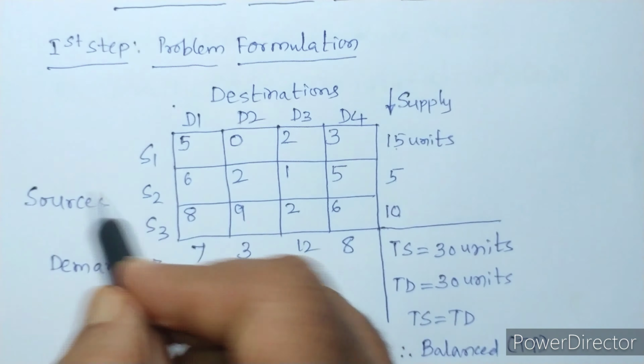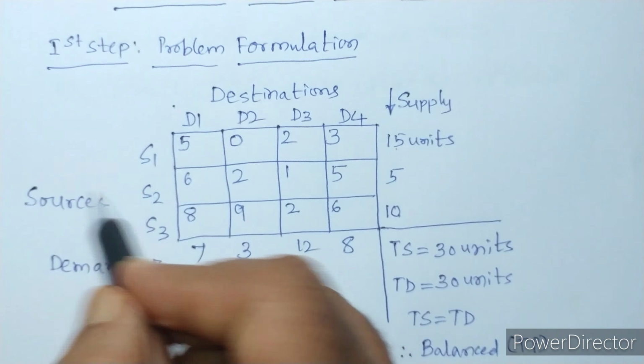So for that what we do is we consider the available units, that is 15 units, and the demanded units are 7, and whichever is less goes to this place. It is written in the bracket. If I write 7 here, it means that we have taken a decision to send from S1 to D1 7 units of the product.